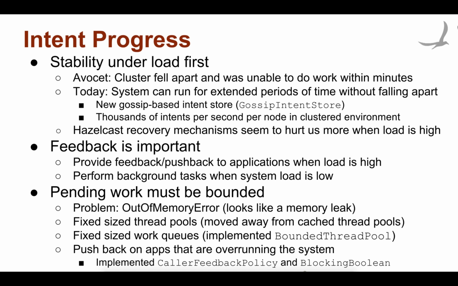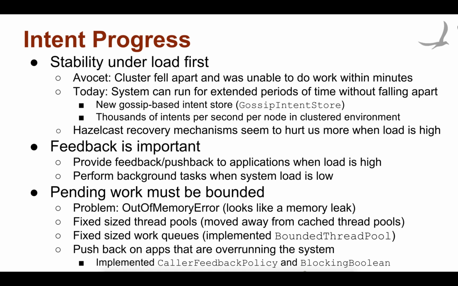So we implemented a few things to help combat the problem directly. We implemented a fixed size thread pool in a lot of places. We implemented a bounded thread pool so that given a fixed number of threads, you can only put a fixed number of work items on it. And then applications that are trying to put work into the thread pool are implicitly pushed back. That's through a caller feedback policy and Boolean that we built.